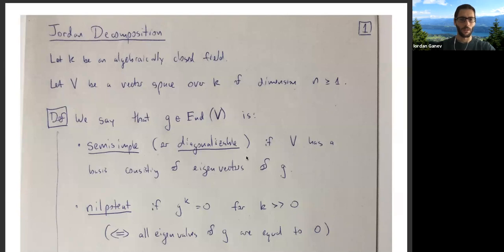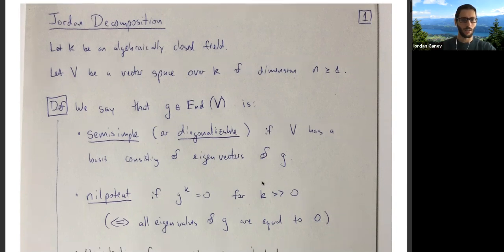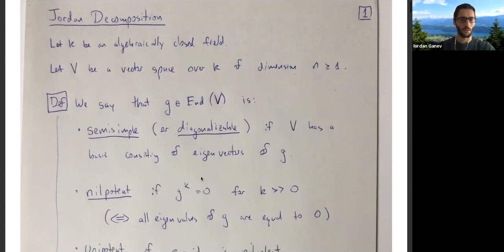So in particular, the generalized eigenspaces of G are all actual eigenspaces. There's no other things going on. We'll discuss this in much more detail soon.